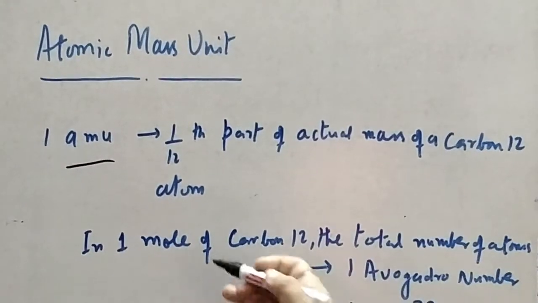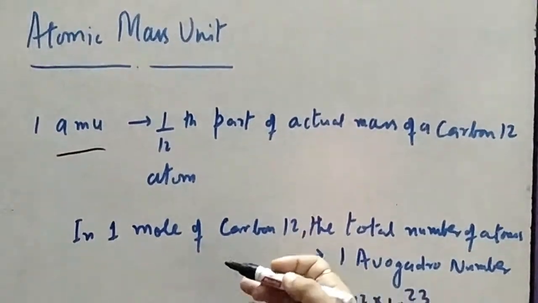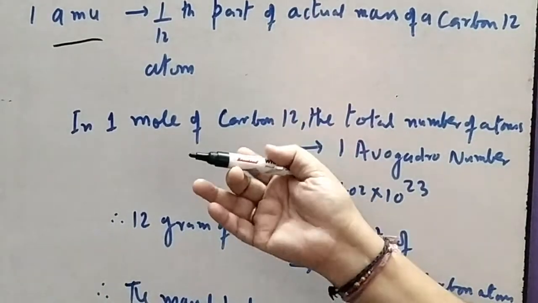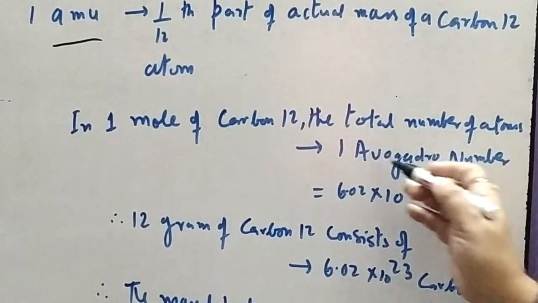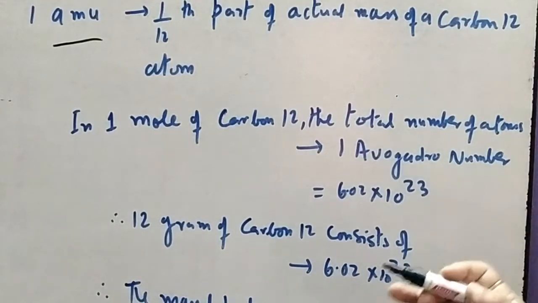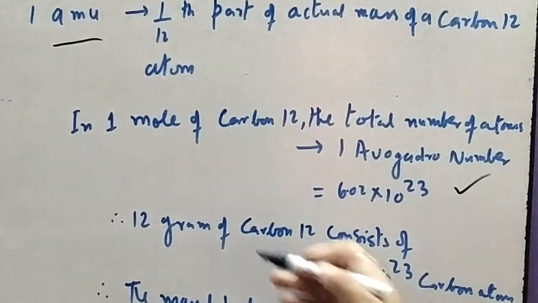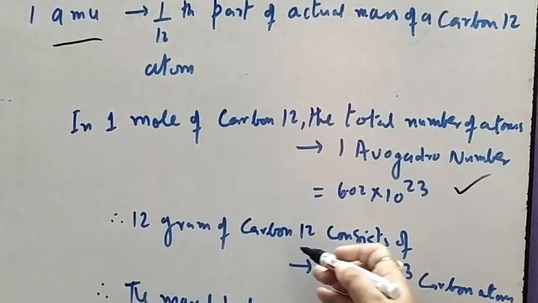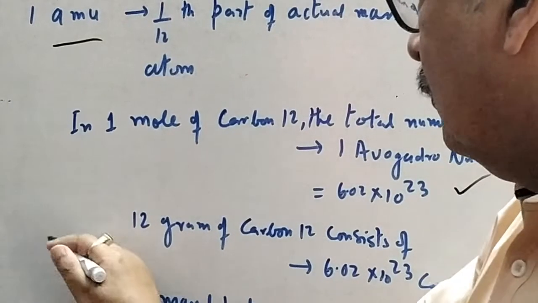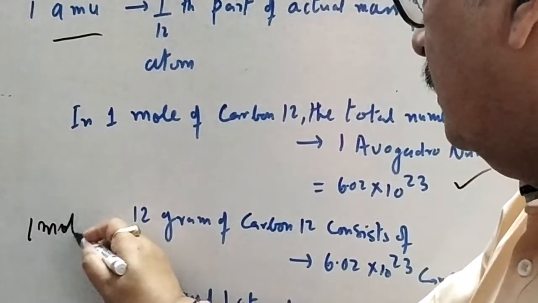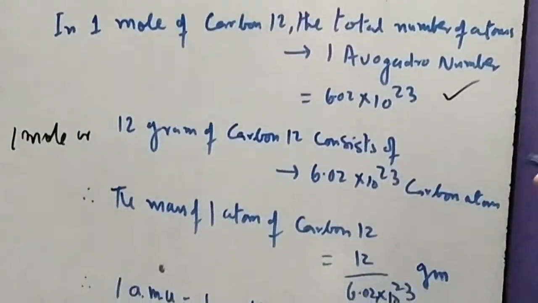We know that 1 mole, that means 1 gram atom of carbon, contains a total number of atoms equal to the Avogadro number, 6.02 into 10 to the power 23. So 12 grams of carbon atoms consist of this much, 1 mole.